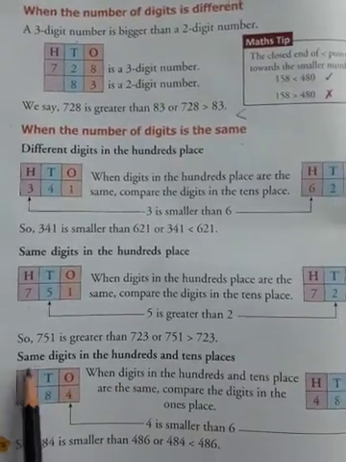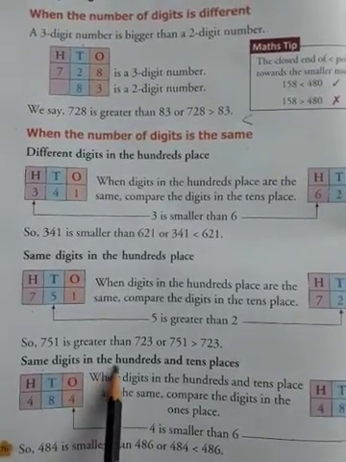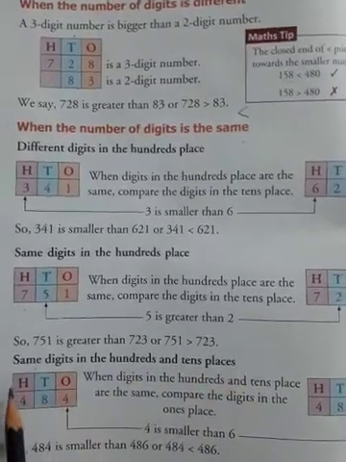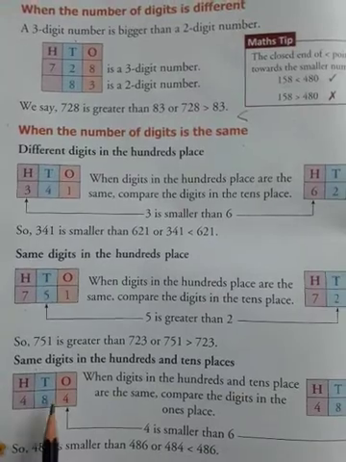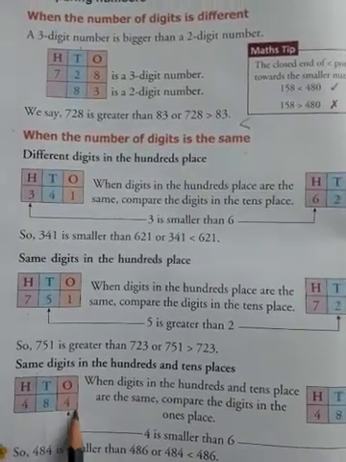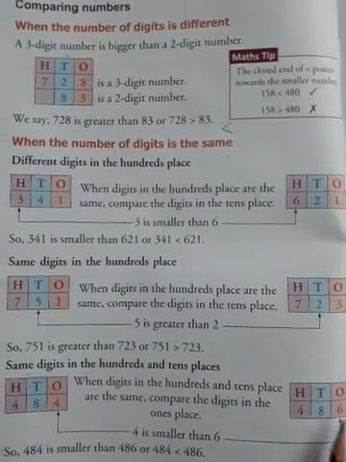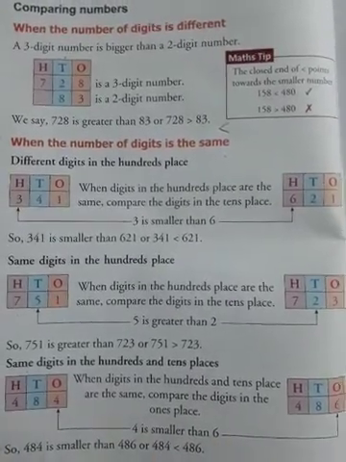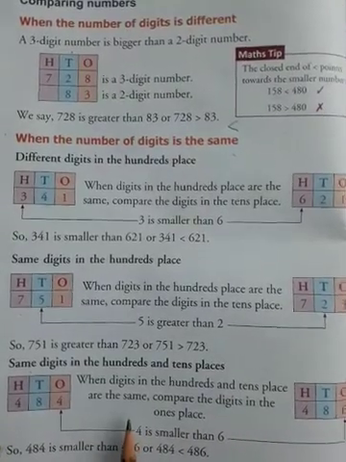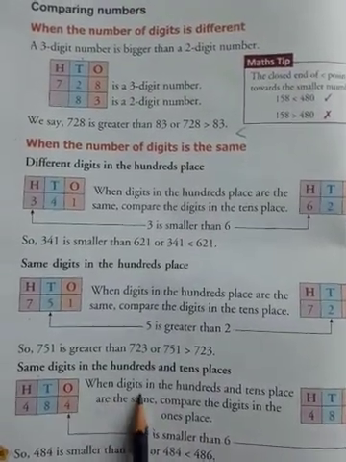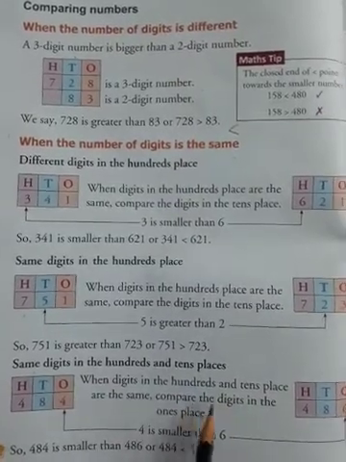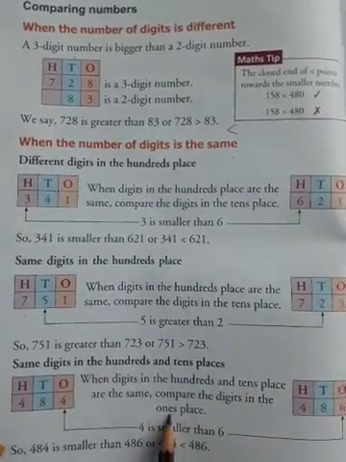Okay. Next, same digits in the hundreds and tens place. So here the hundreds and tens places are the same. You can see here 484 and 486. So what do we do? When digits in the hundreds and tens place are the same, compare the digits in the ones place.